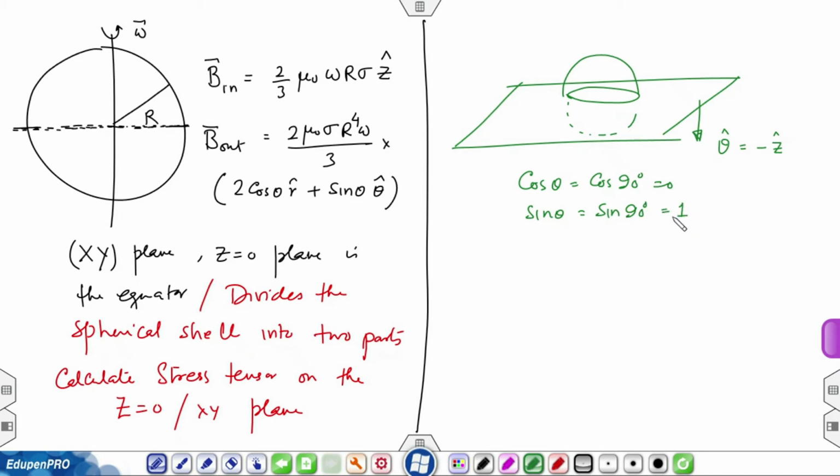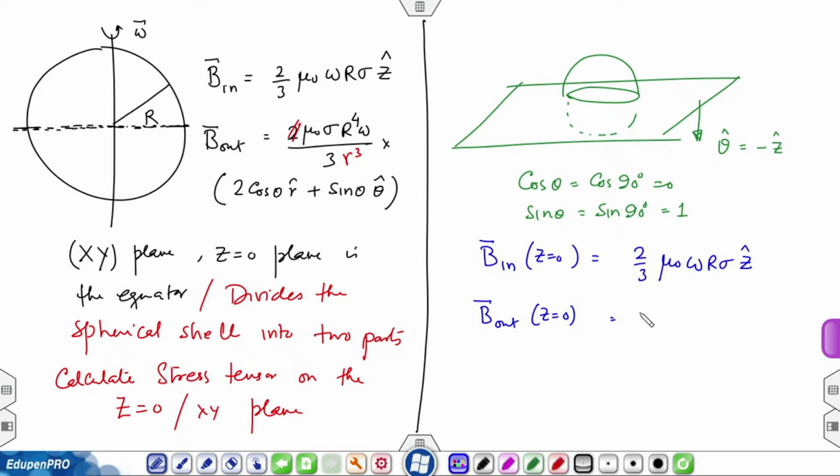So, we have the field B in the z equals 0 plane is equal to 2/3 mu 0 omega R sigma z, and B out in the z equals 0 plane is nothing but, I made a mistake, there was an R cube here and there was no 2 here.